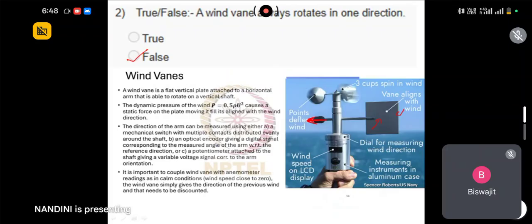I think rho is the density of air actually, and v is the wind speed. This is basically kinetic energy per unit volume.